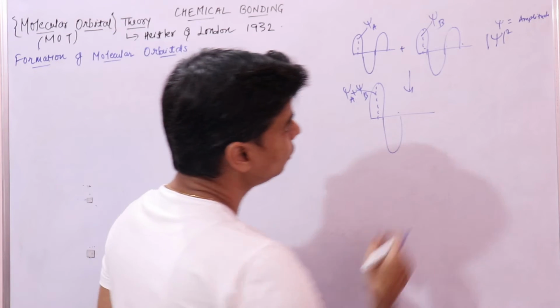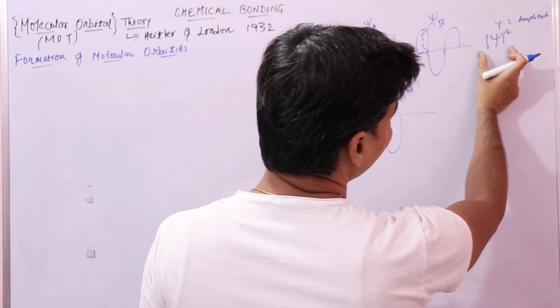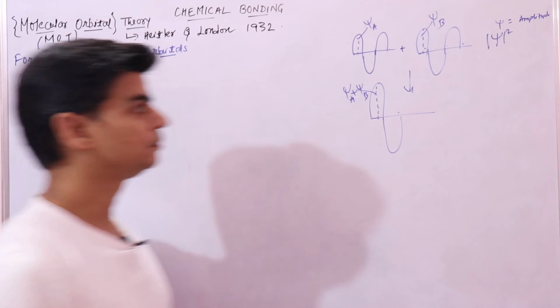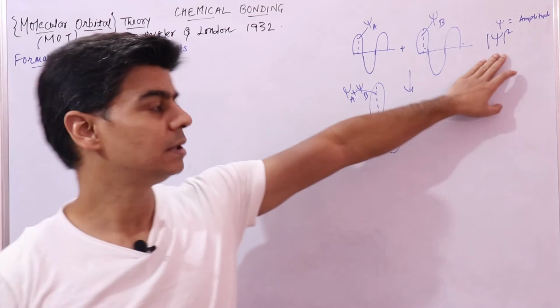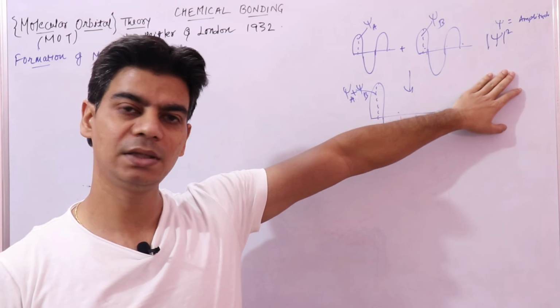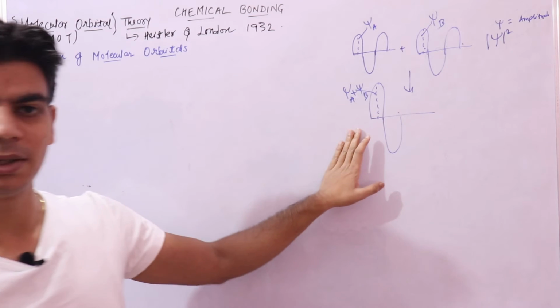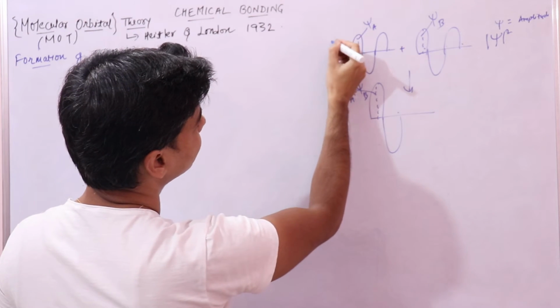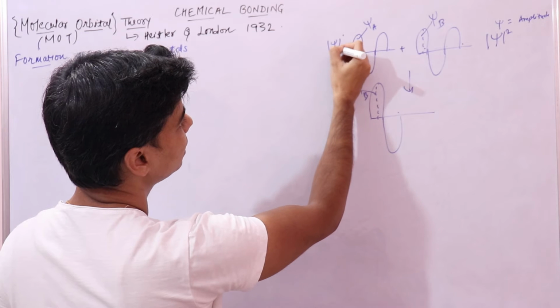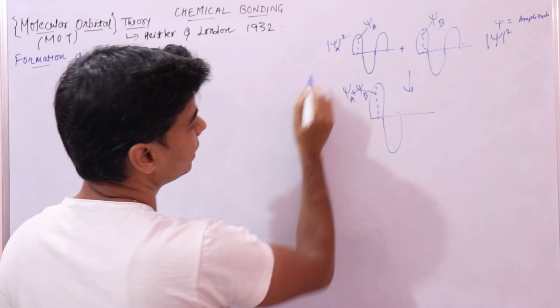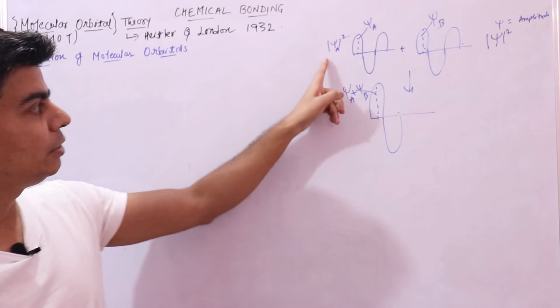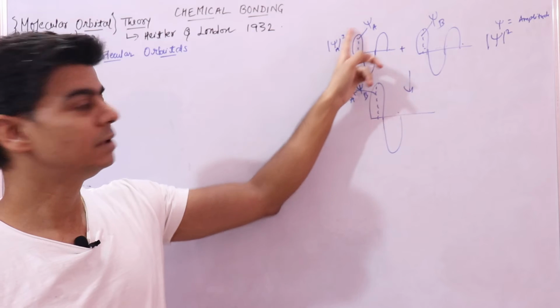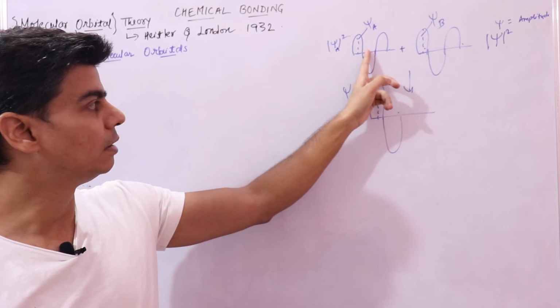So psi square represents the probability of finding the electron in the orbital. For individual waves, psi A square represents the probability of finding the electron in this orbital.